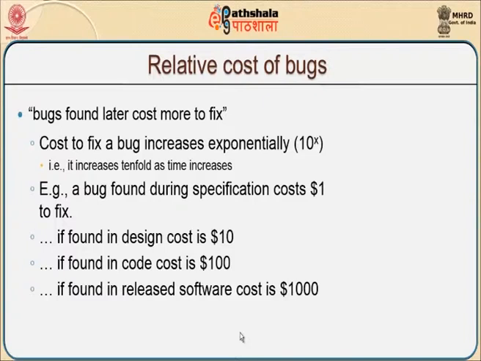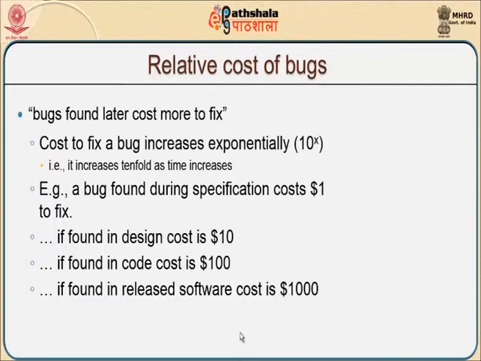So, bugs found later cost more to fix. The cost to fix a bug increases exponentially, as 10 to the power of x, that is, it is tenfold as time increases. Supposing a bug found during specification costs $1 to fix. So, at the time of specification, $1 is the actual amount to fix this bug.